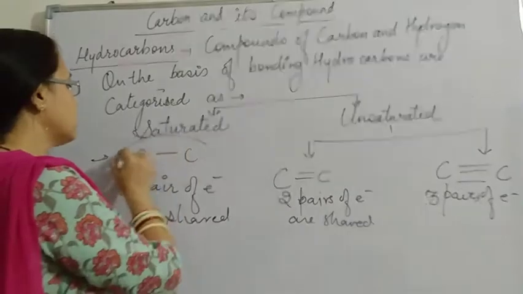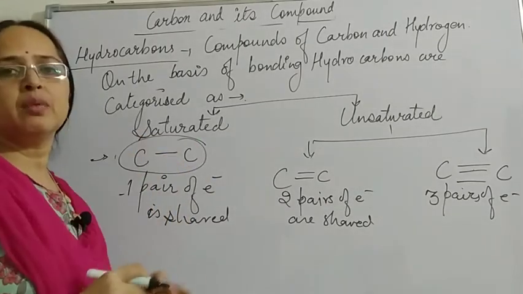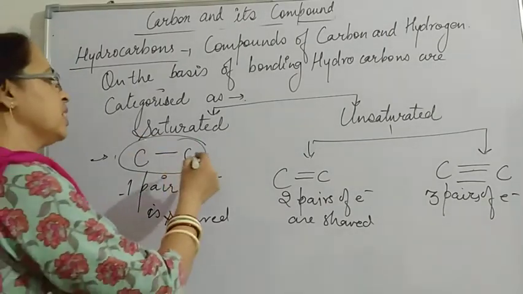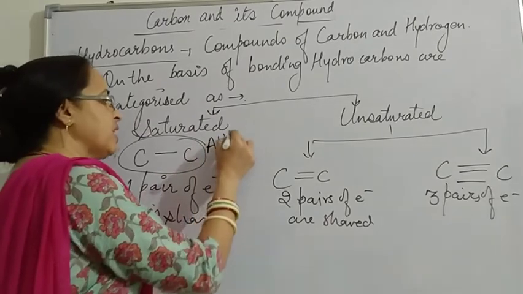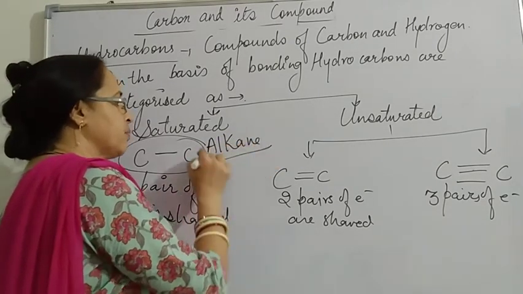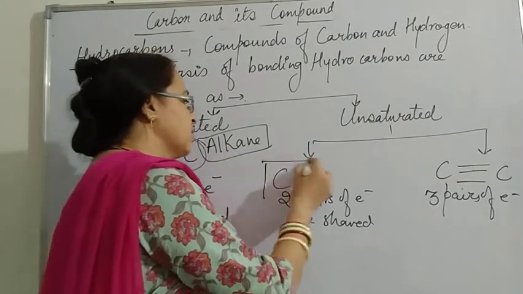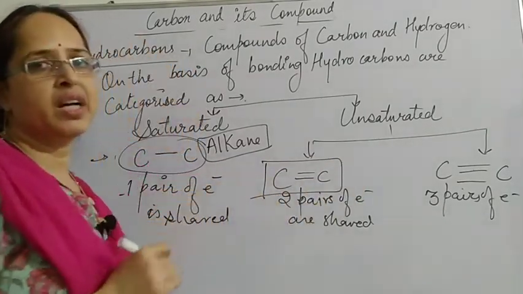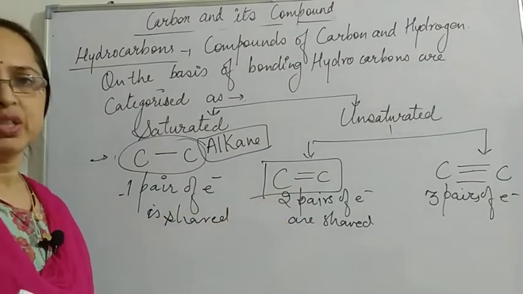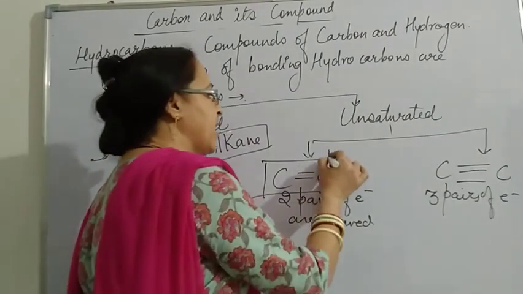The saturated hydrocarbons with a single bond between the two carbon atoms are named alkane. The hydrocarbon which contains a double bond between the two carbons is named alkene.